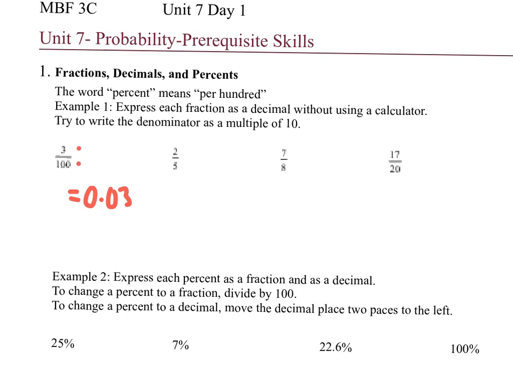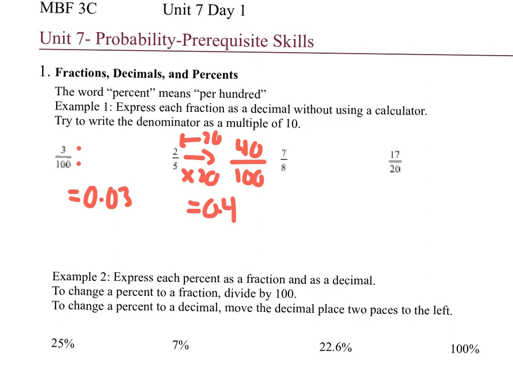So, for example, in this equation, you could make it out of 100 by multiplying the top values by 20, multiplying the bottom values by 20 as well, and then you would be left with 40 over 100. Therefore, you would know it's 0.4.